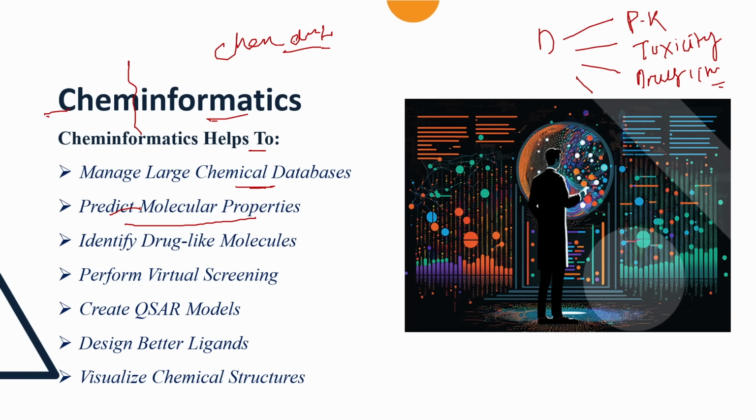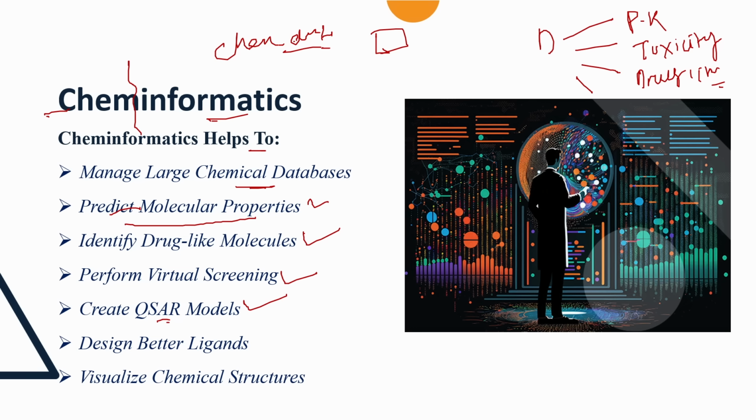We have to prepare an Excel sheet to maintain the records, a database where we can record all the properties. Then identify the drug-like molecules, perform the virtual screening, and create a QSAR, the quantitative structure-activity relationship.